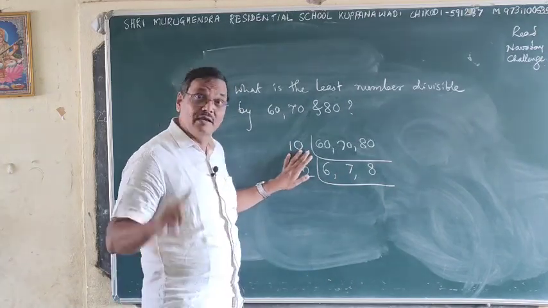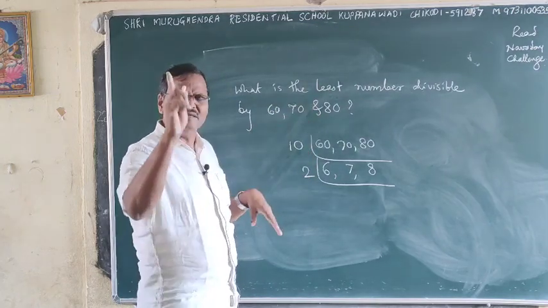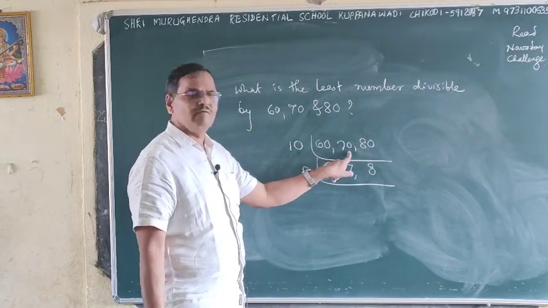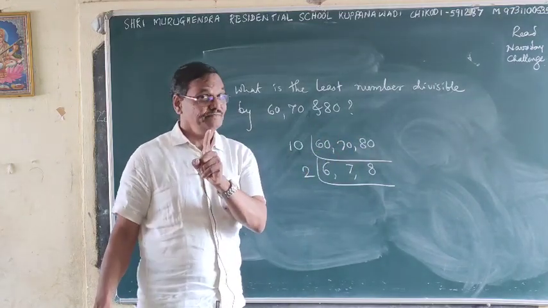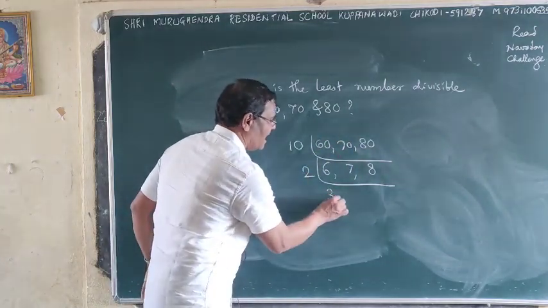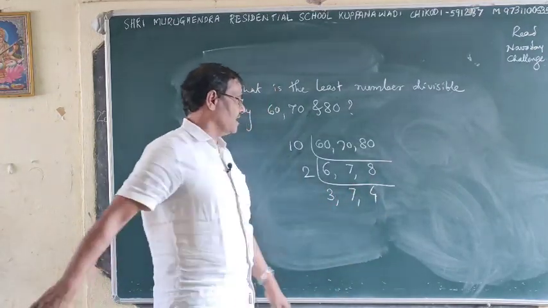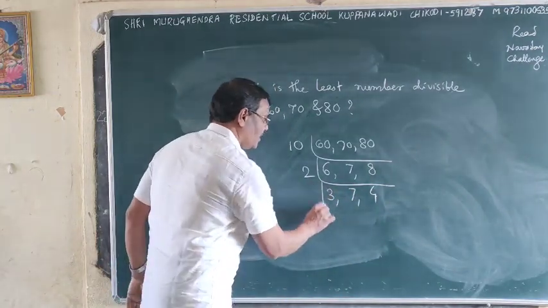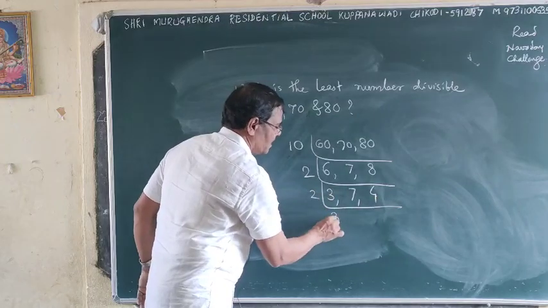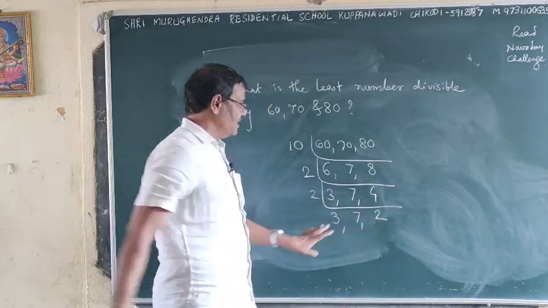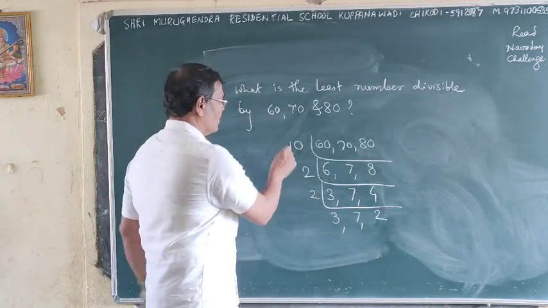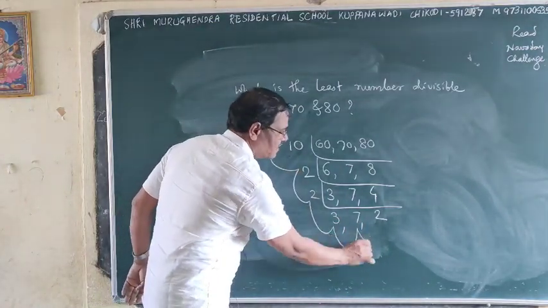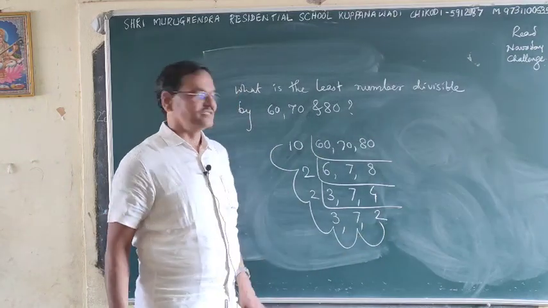Whereas when you are taking a divisible number, there is a condition, you should divide all the given numbers. Here 2 3s are, 7 sames are, 2 4s are. See, again you need to go for 3, 7 same, 2 2s are. 3, 7, 2 are different prime numbers. So multiply all these and put your answer.